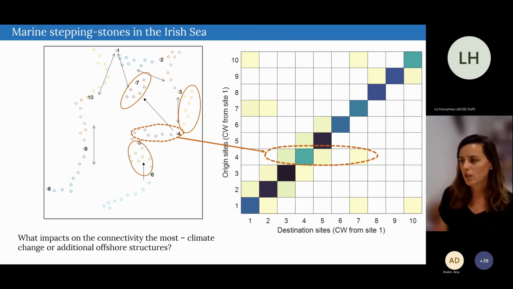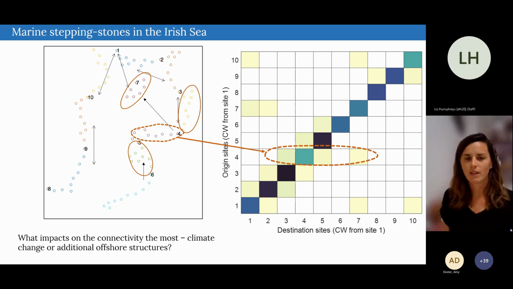An example here, just to quantify with these connectivity matrices, I've pulled out site 4, which is in the dashed little circle on the left-hand plot. Everything that spawned from site 4 was theoretically connected to sites 3, 4, 5 and 7, looking at the connectivity matrix on the right-hand side. And I've circled those points for you in the left-hand plot.